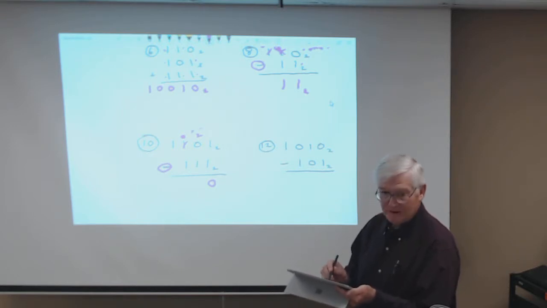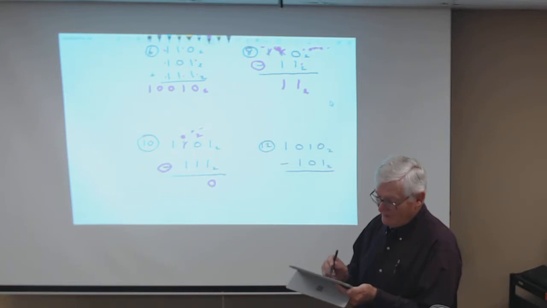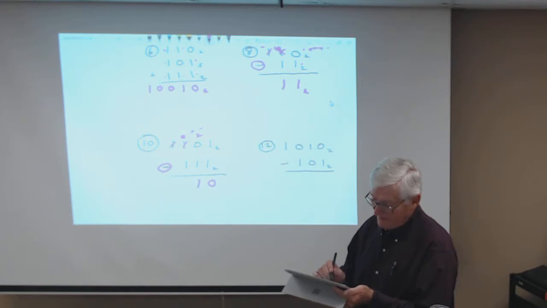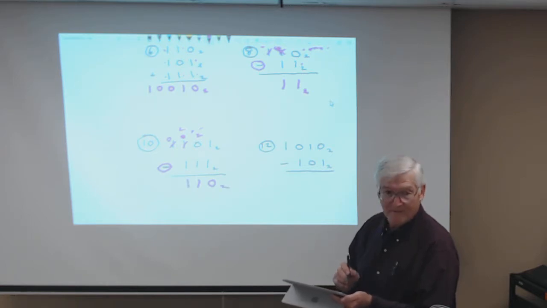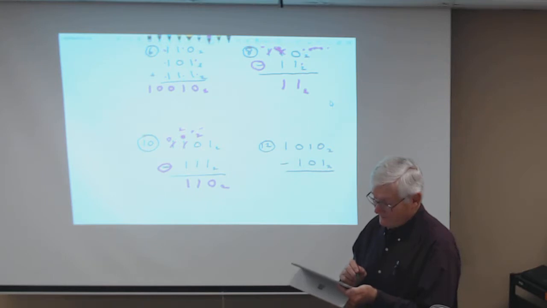Because I have 2 of this place. And 2 of these minus 1 of these would leave what? 1. I had 0 here, so I marked this one out and put 2 here. And 2 of these minus 1 of these would leave 1. Wait, wouldn't that be 2 2s?